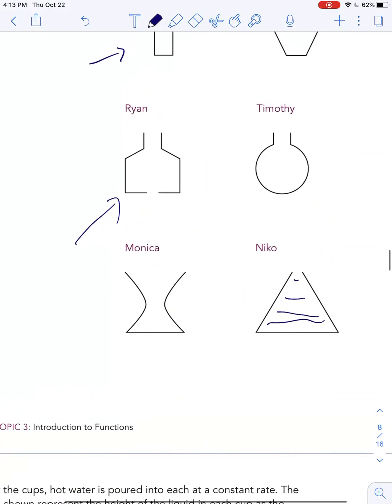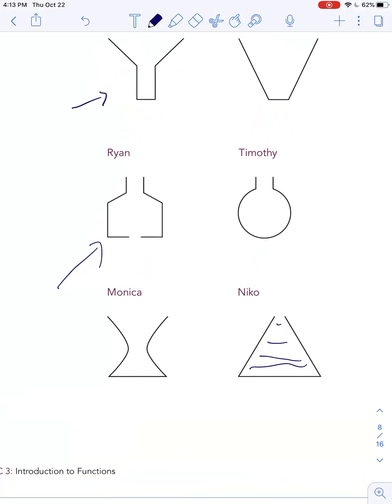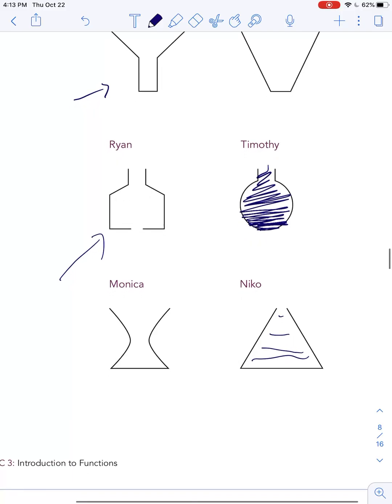I have to look to compare. So this would go fast and then it would get slow and then it would get super fast. So this is one.